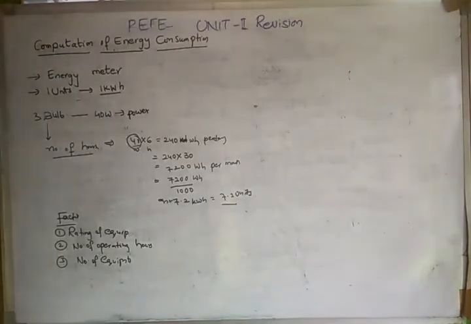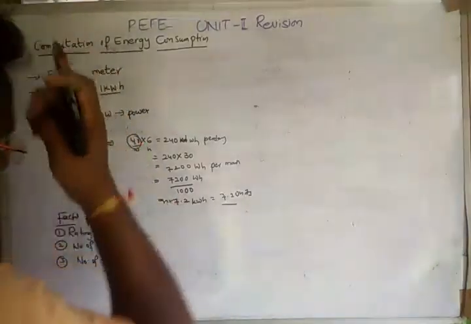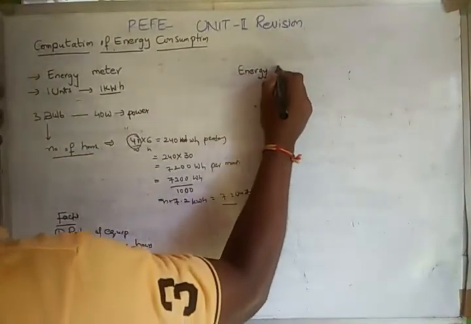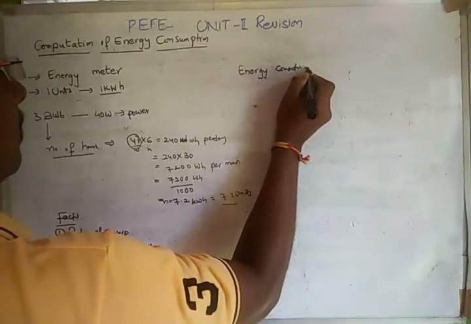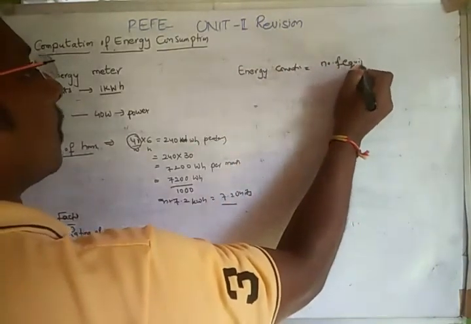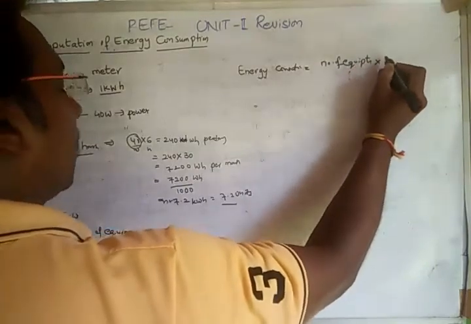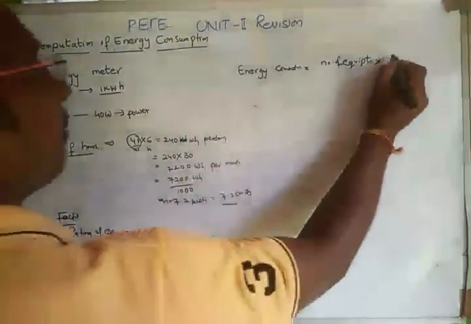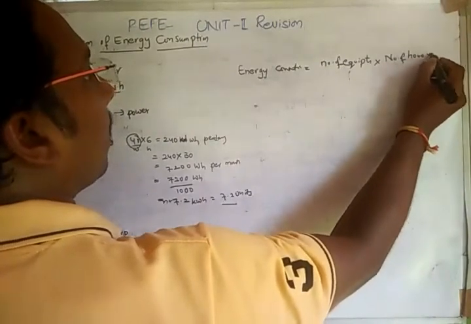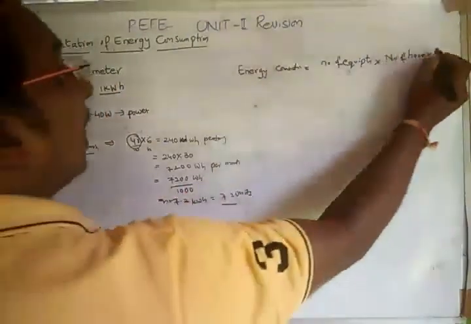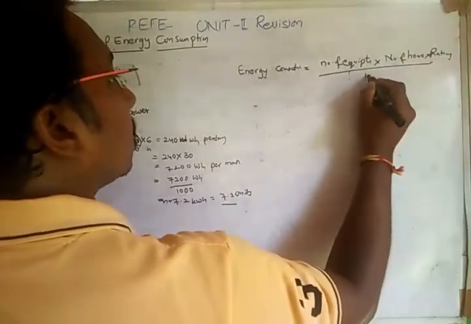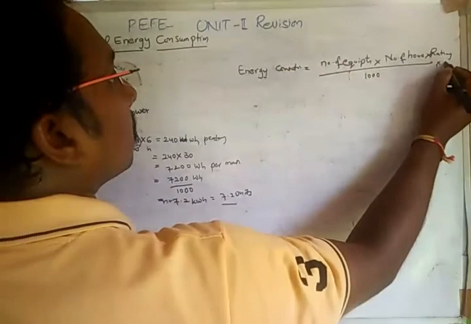To calculate the energy consumption, the formula is: number of equipments into number of operating hours into rating of the equipment, divided by 1000, into 30 days.